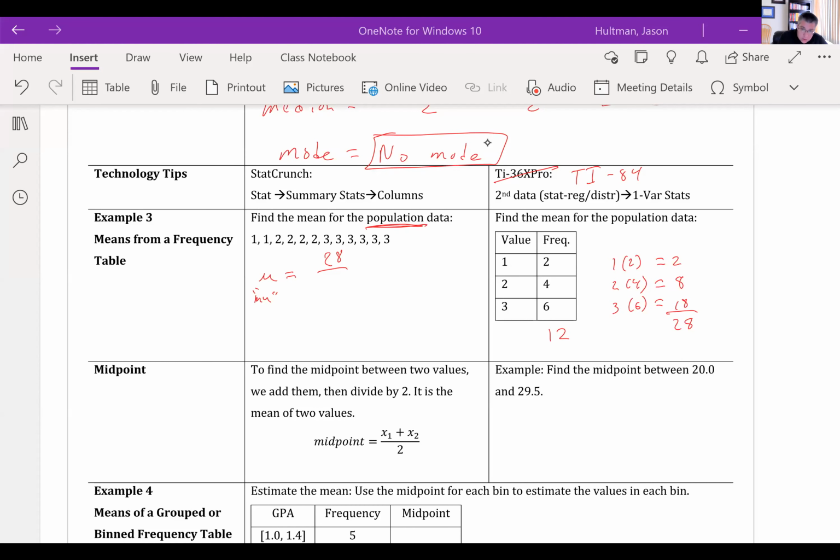Oops, sharing my screen. Okay, 28 over 12.